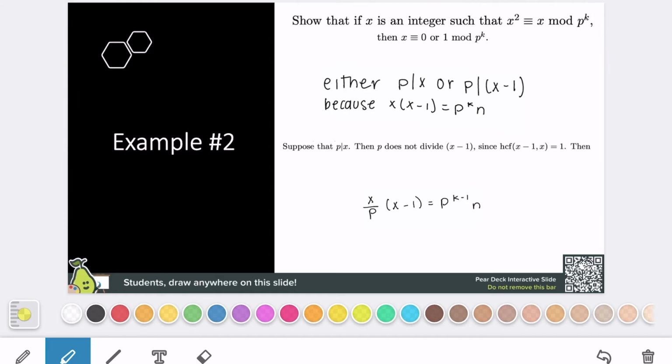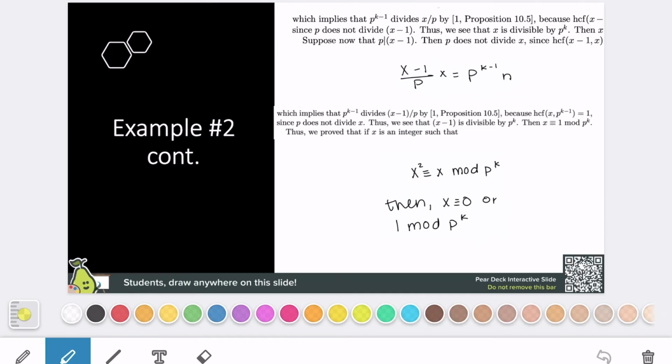Since the highest common factor of x minus 1 and x is 1, then x over p times x minus 1 is equal to p to the power of k minus 1 times n, as we see right here at the very bottom. Which implies that p to the power of k minus 1 divides x over p, because the highest common factor of x minus 1 and p to the power of k minus 1 is equal to 1.